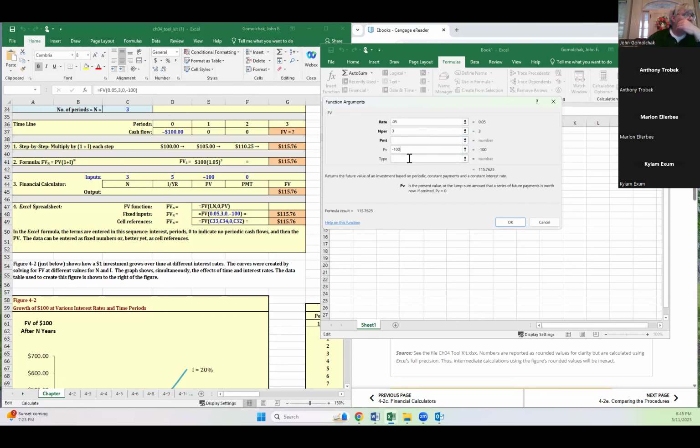And type. On type, if we're doing annuities, there's going to be either a 0 or a 1. If it's a normal annuity, it will be a 0, but you can ignore that. You don't have to put the 0 in. If it's an annuity due, which means the annuity is paid at the beginning of the period instead of the end of the period, then you would have to put a 1 in there.